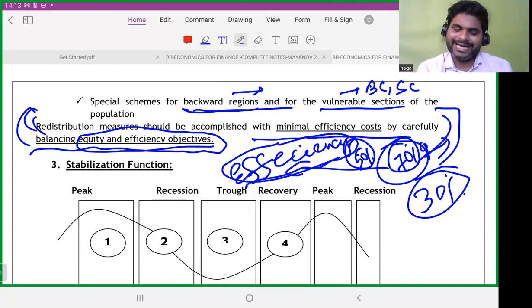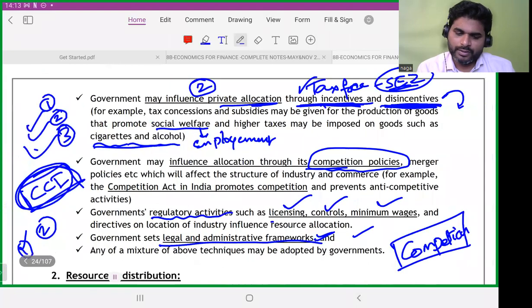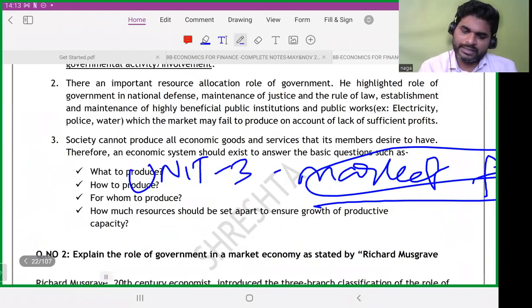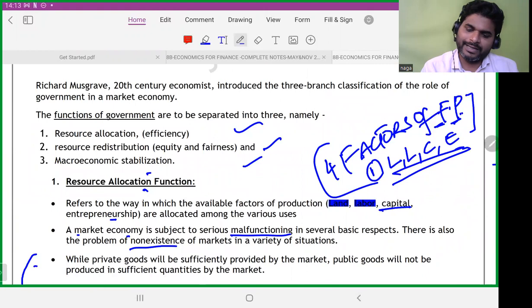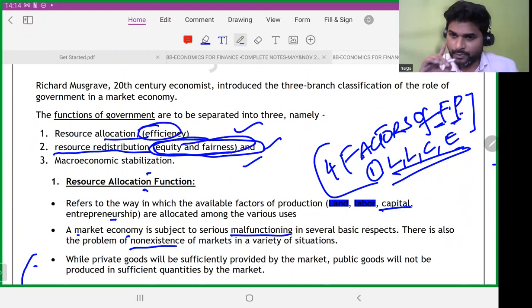All right, that's the second role of the government in an economy, the functions of the government. One, allocation, we discussed. Second, distribution to ensure equity and fairness. If you remember these words, efficiency, equity and fairness, you will remember what is what.